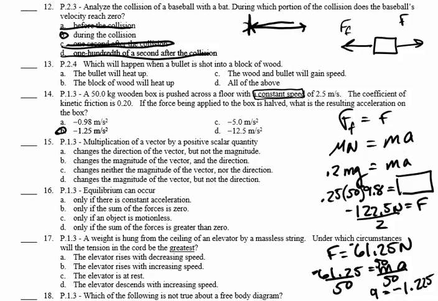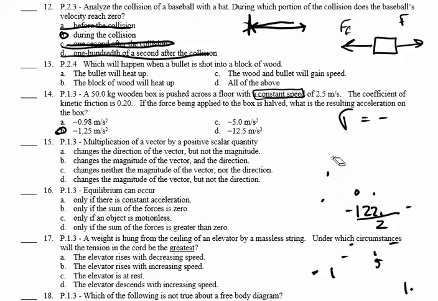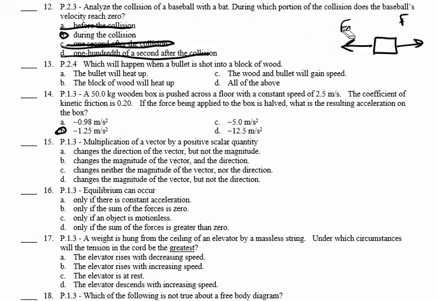All right, number 15. Number 15 talks about multiplication of a vector. What happens when we're multiplying a vector by a scalar quantity? Well, the nice thing about that is we can go back and use our F equals ma to be able to find out what that is.